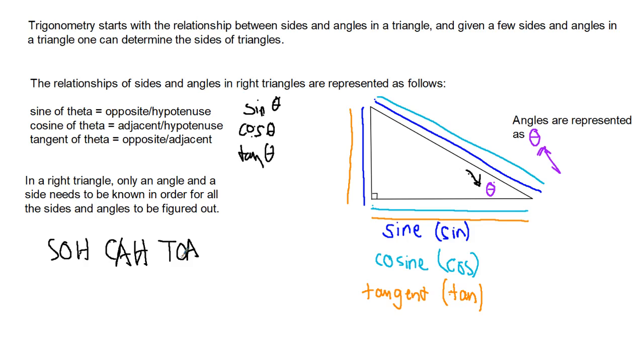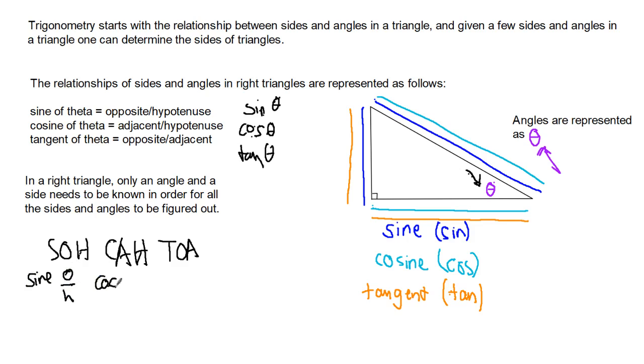You could carry out all of the trigonometric ratios just by saying SOHCAHTOA, because SOH is sine is opposite over hypotenuse, right?